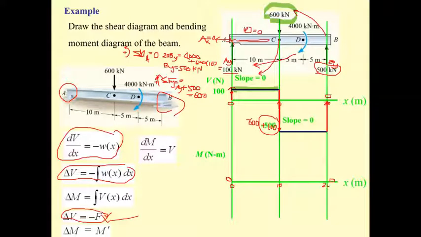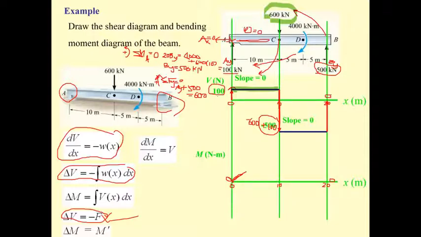Again, we use the rest of this equation, dM by dx equal to V. That means we have the V of 100 across this. So for sure, the slope equals the shear.